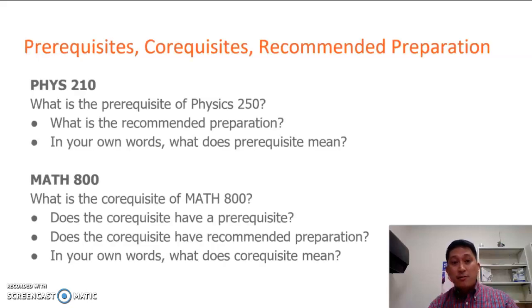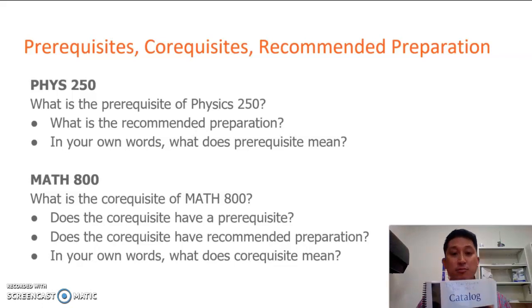Okay, moving on from GPA, another really important thing that I want you to learn from the catalog is really not just how to read the course descriptions or the degree requirements, but really understanding the prerequisites.